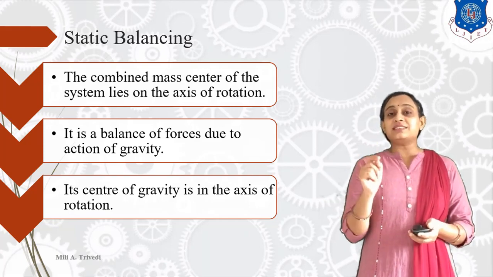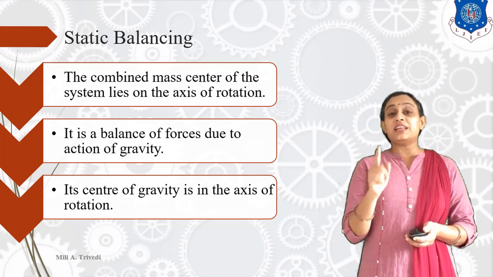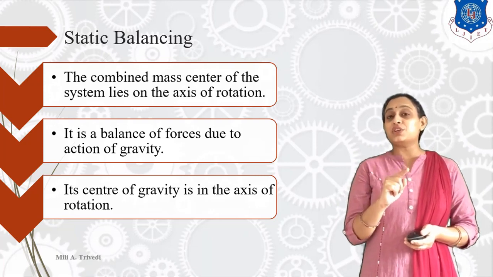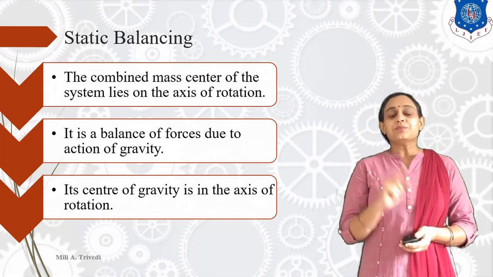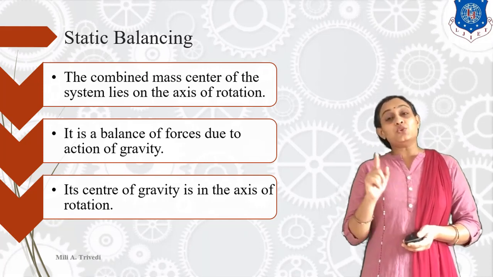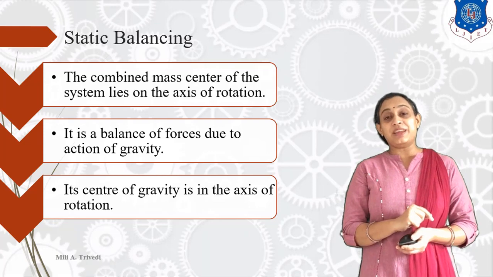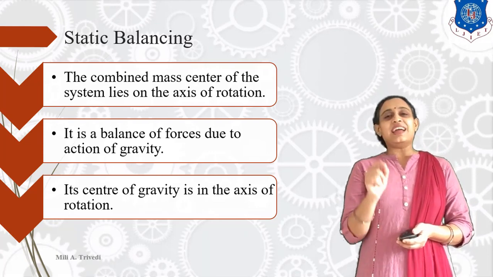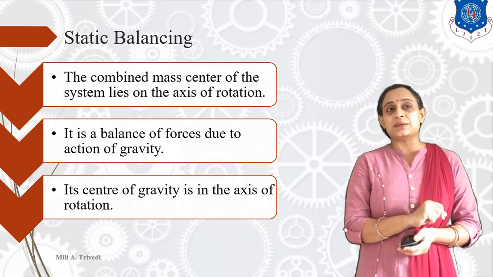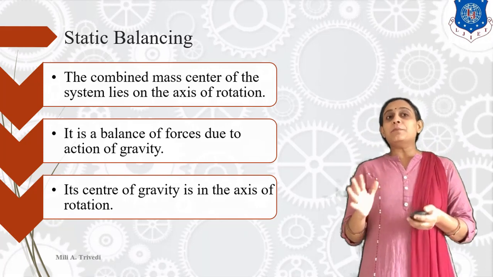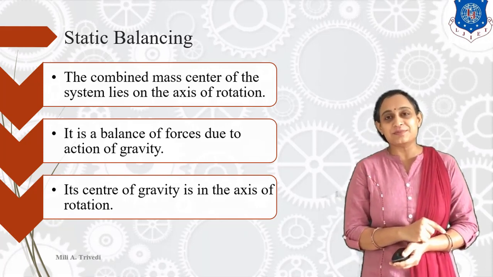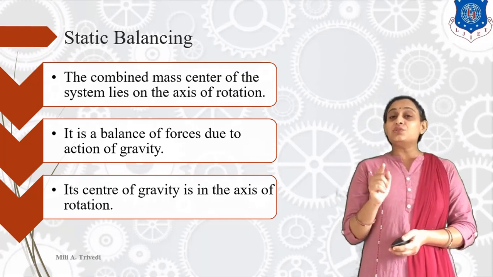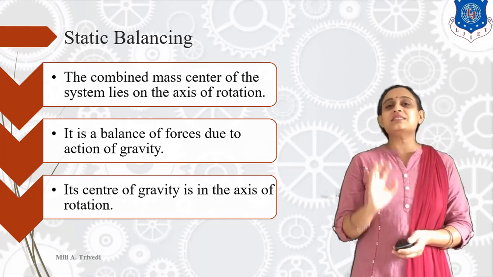It means the axis of the shaft will remain steady. Next, the center of gravity should be on the axis of rotation. It means there should not be any kind of fault in the system. Next, the combined mass system should also lie on the axis of rotation. It means we have to make a statically balanced system.